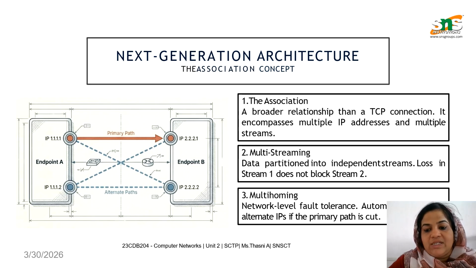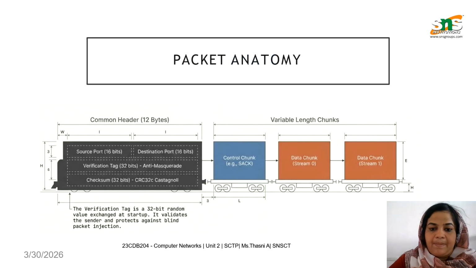It encompasses multiple IP addresses and multiple streams. Multi-streaming is where data is partitioned into independent streams, so a loss in stream 1 does not block stream 2. And multi-homing is network level fault tolerance, with autonomous alternate IPs if the primary path is cut.